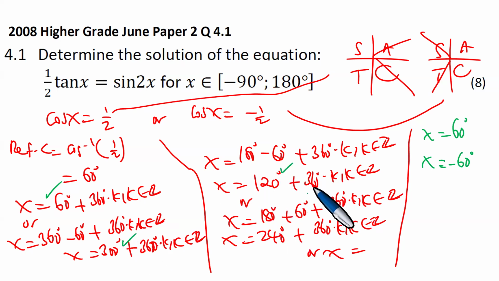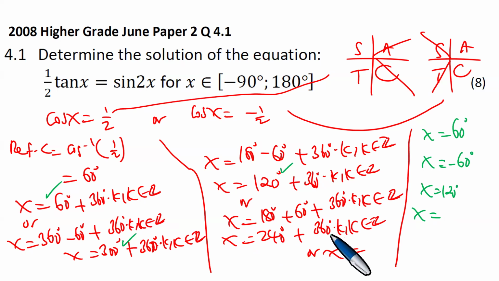When k is 0 with x equals 120, it's okay. When k is 1, it's 480, outside. When k is minus 1, it's minus 360 plus 120, minus 240, but it's outside. When k is 0, 240.